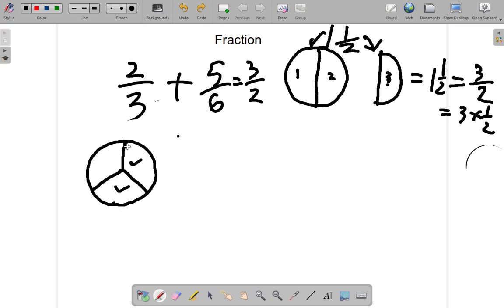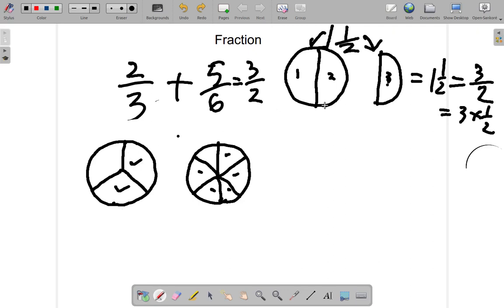So this represents 2/3. As for 5/6, if we divide this into 6 equal parts, 1, 2, 3, 4, 5, 6 equal parts, we want to look at 5 of them. 1, 2, 3, 4, 5 of those equal parts.